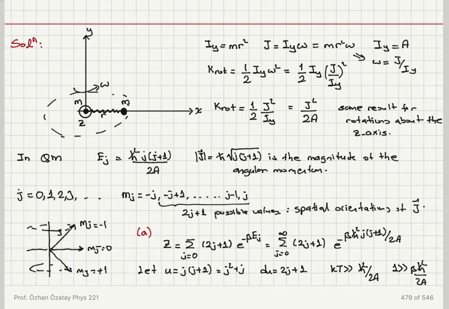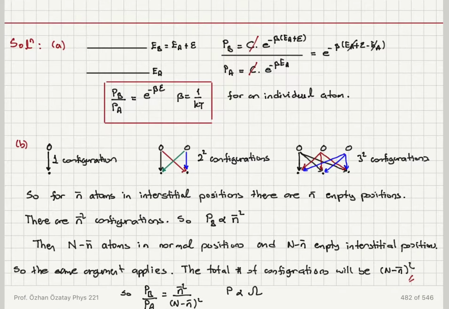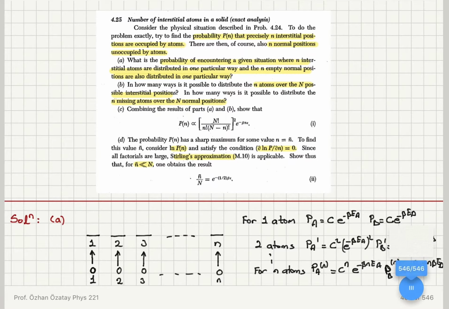So we write the partition function from j equals 0 to all possible values, 2j+1 times e to the minus β E_j. We approximated the summation with an integral and found that the partition function was 2AkT over ħ². And by taking the derivative, minus ∂ln Z/∂β, we obtained kT. So let me note these results in our problem here.